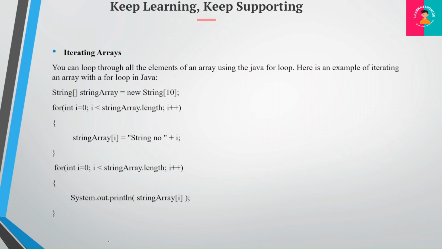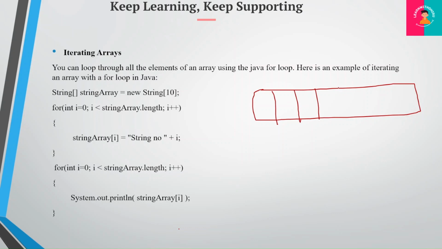Then what is iterating an array? Consider I have one array, and there are a total of six locations available, and in every location I have stored something. Correct.